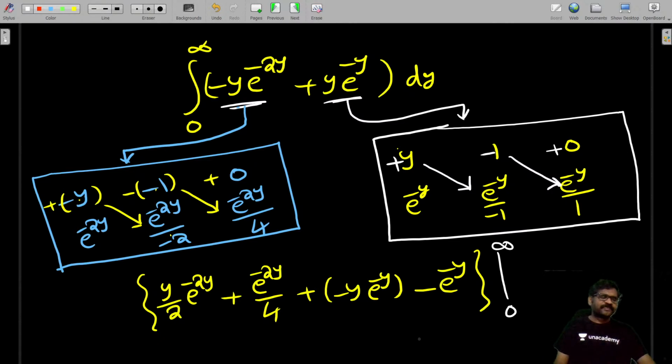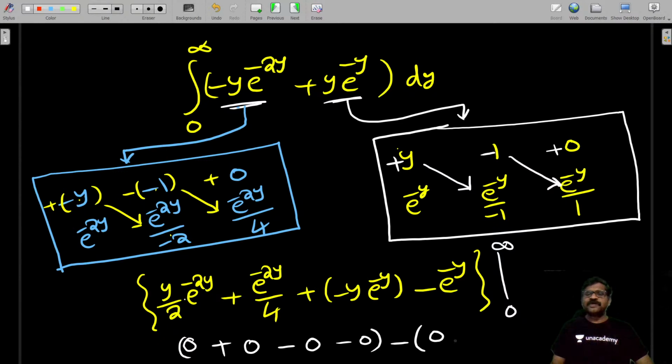Applying the limits, if you apply upper limit, e power minus infinite is 0 in every term. Next lower limit, minus of, if you substitute lower limit here, first term 0, second term e power 0, that is 1 by 4.